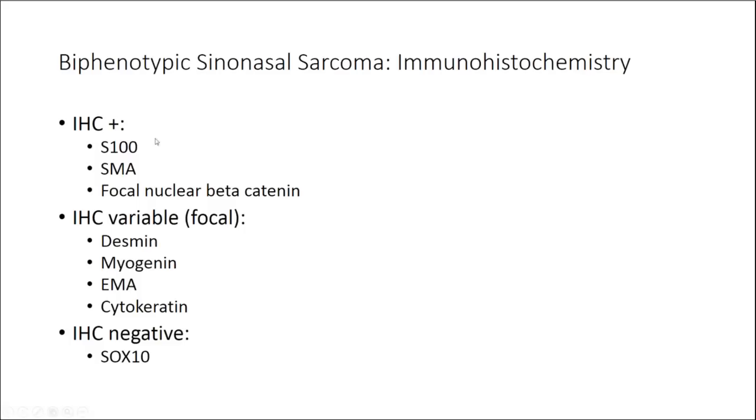So in terms of the immunohistochemistry, you should have the biphenotypic nature, so they should be positive for S100 and also positive for smooth muscle actin, and they will express nuclear beta-catenin. You will have very variable results with other types of stains, and they should be negative for SOX10, so that excludes a melanoma or a schwannoma.